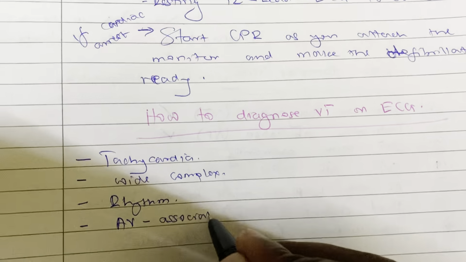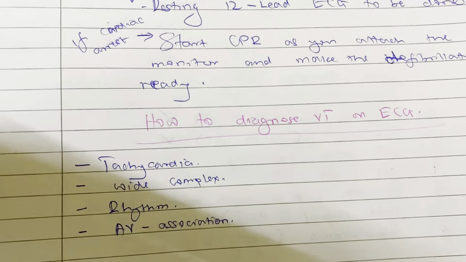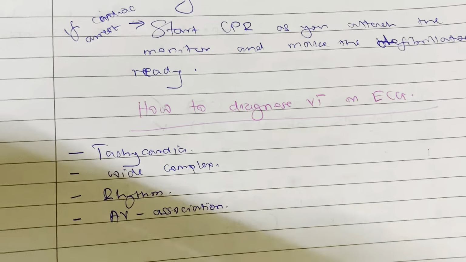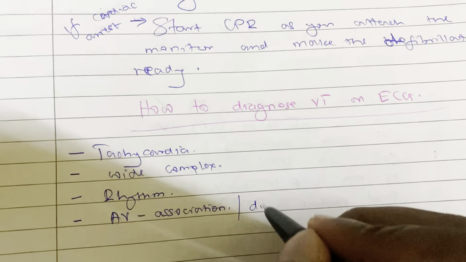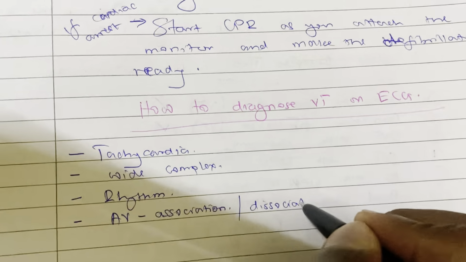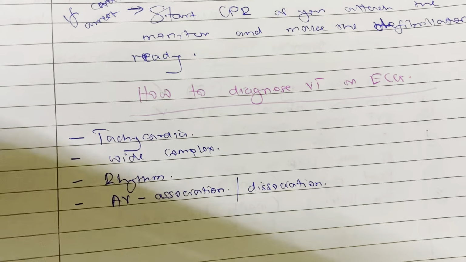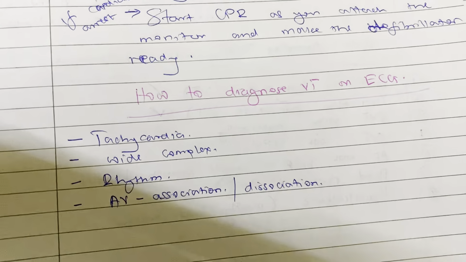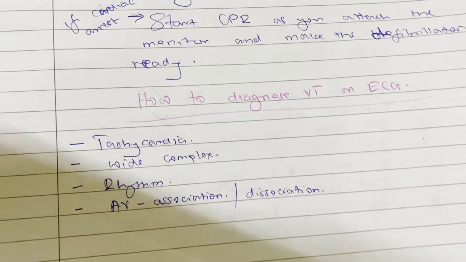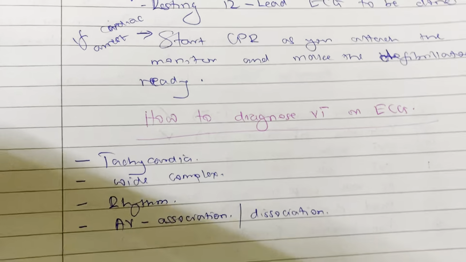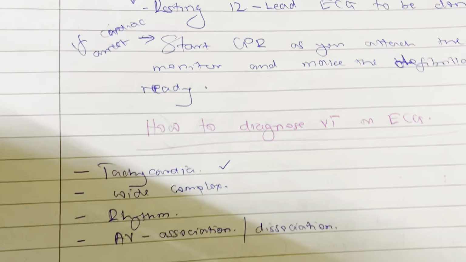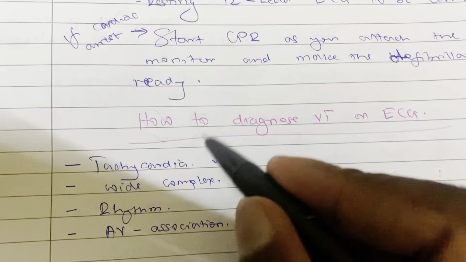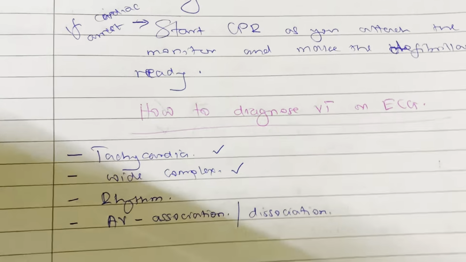I'm going to explain this one because it's very important. It will be applicable in other abnormalities or dissociation. And then the others, they are advanced. So we are checking these first. First, we need a tachycardia, and then we need to confirm that this is wide complex.